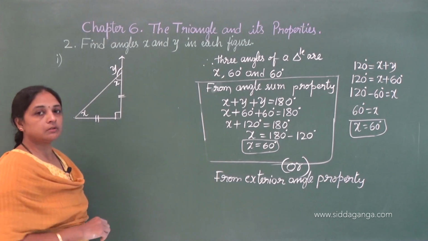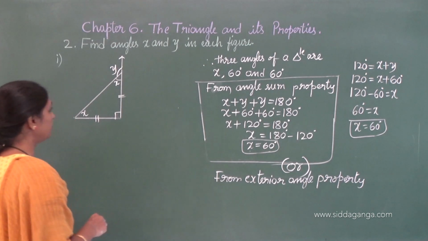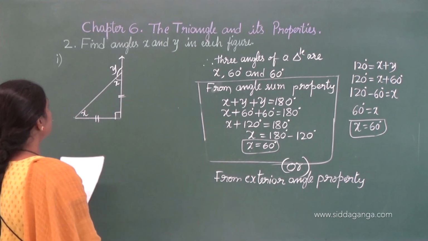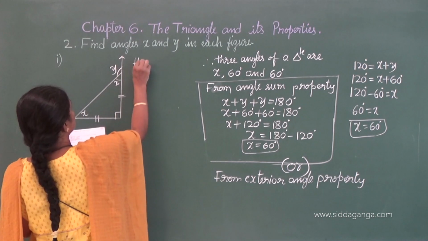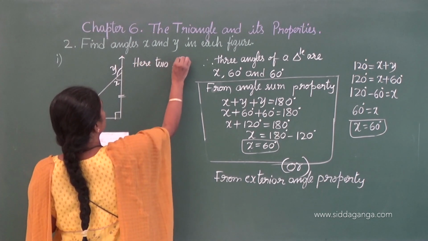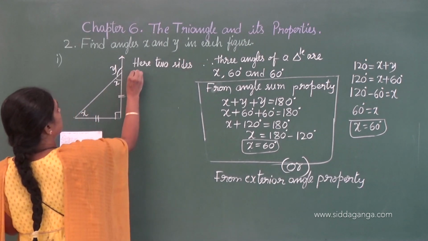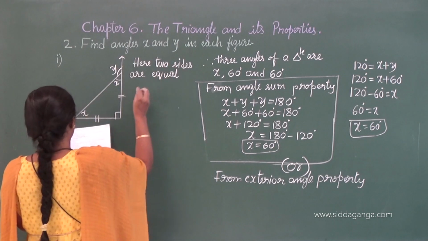So directly here we can use the angle sum property. Before that we should write the reasons here. Here two sides are equal. So by this what we can write?